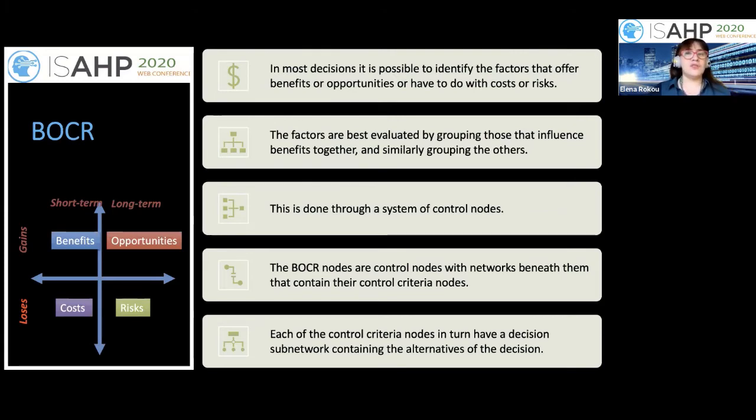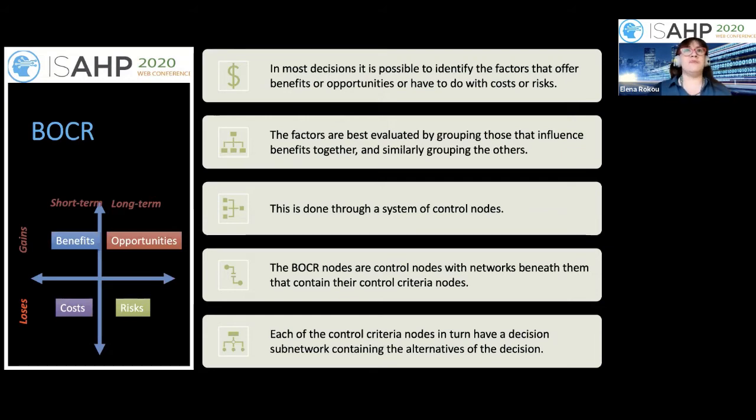The factors are usually best evaluated by grouping those that influence benefits together and similarly grouping the opportunities, costs and risks. This is done through something that we call a system of control nodes, or the control of the model. The BOCR nodes are control nodes with networks beneath them.